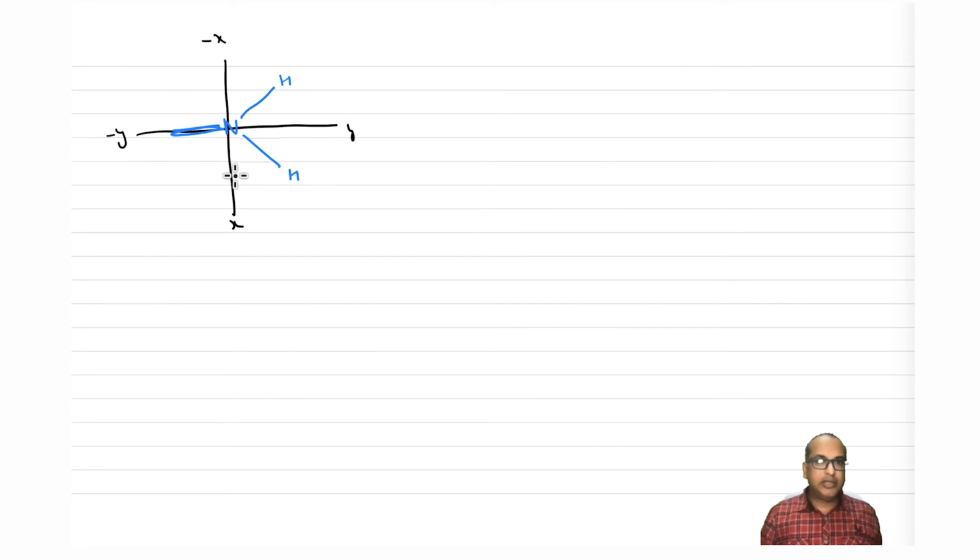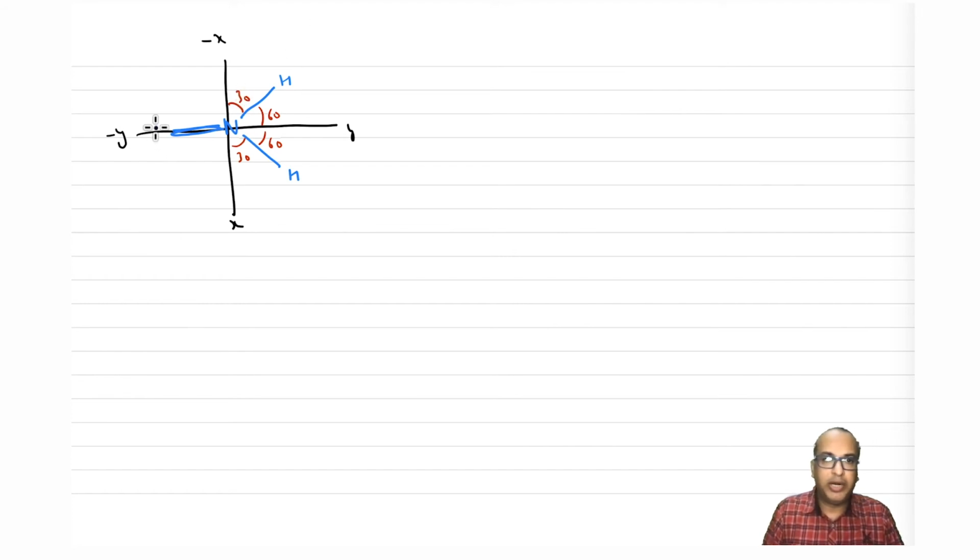Now let us mention all the angles. This complete angle is going to be 120, so this will be 60 degrees, this will be 60 degrees, right? And this complete will be 120, so this will be 30 degrees, this will be 30 degrees.